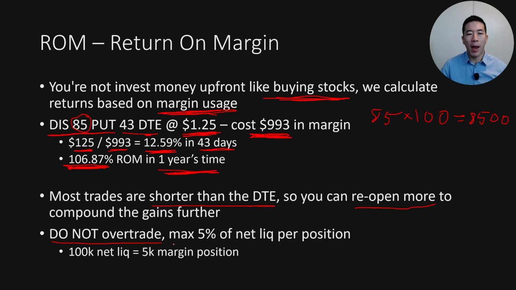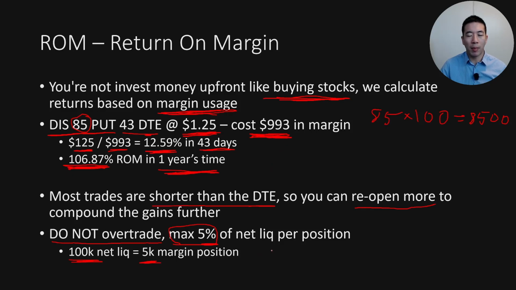We're going to use a max of 5% of the net liquidity per position. What that means is if your account is 100,000, 5% of that is 5,000. You're only going to use a max of 5,000 of margin per position. So in our example of Disney 85 strike, that costs us 1,000 in margin per position.